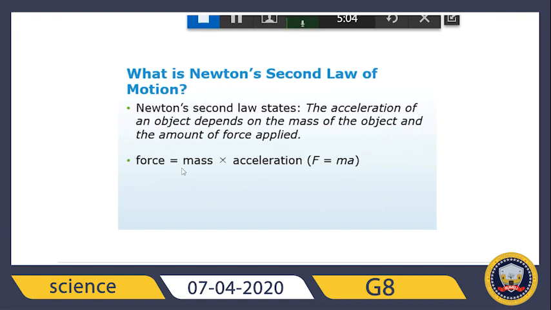According to Newton's second law, force is equal to the mass of this object times acceleration. Force is represented with the capital letter F, equal to the mass, the small letter m, times the small letter a, which represents acceleration. So force is equal to mass times acceleration.